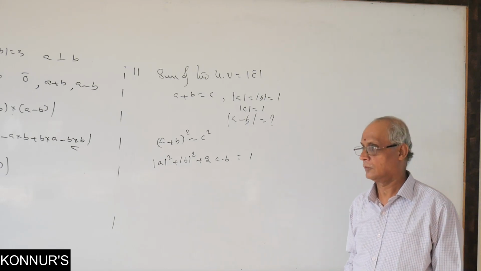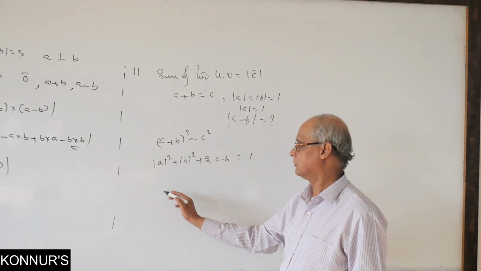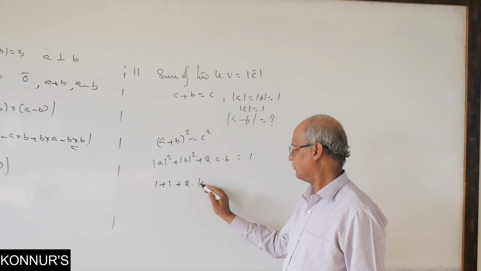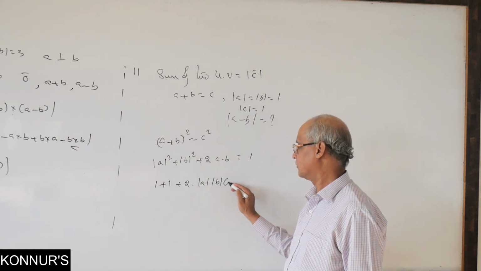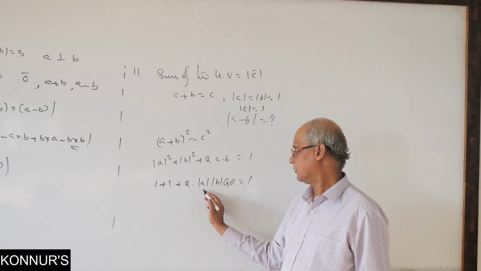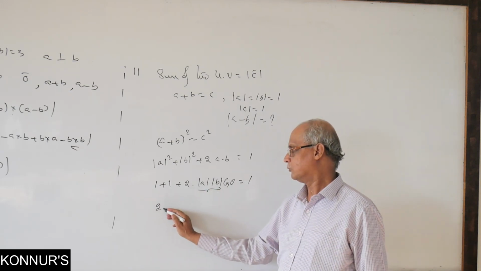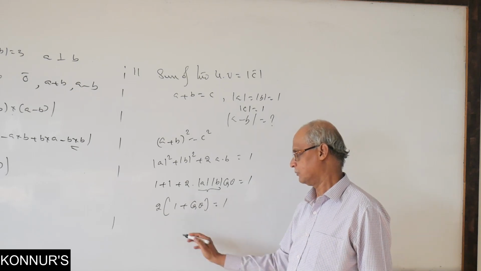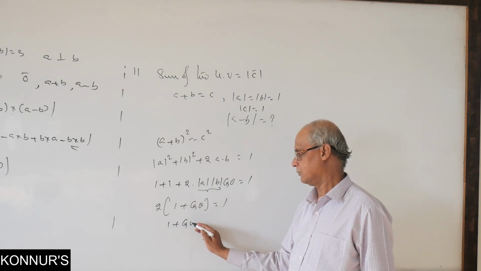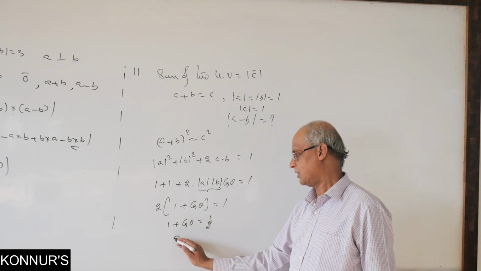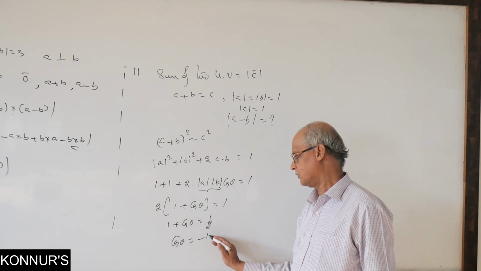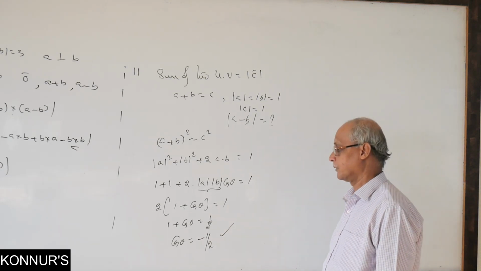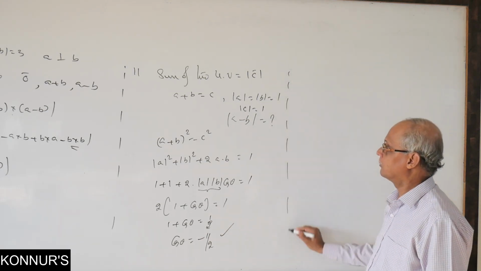Next, 1 plus 1 plus 2 times the dot product is 1. So 2 times A dot B is minus 1, giving the value of the dot product. We got one relation with this cos theta.